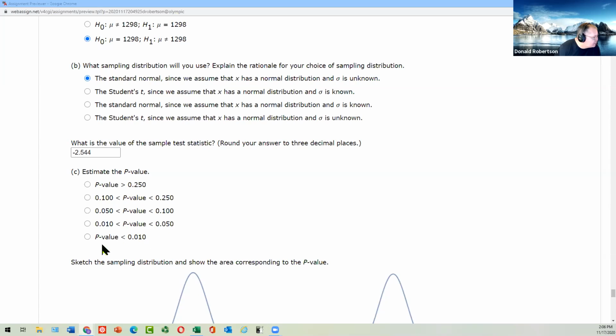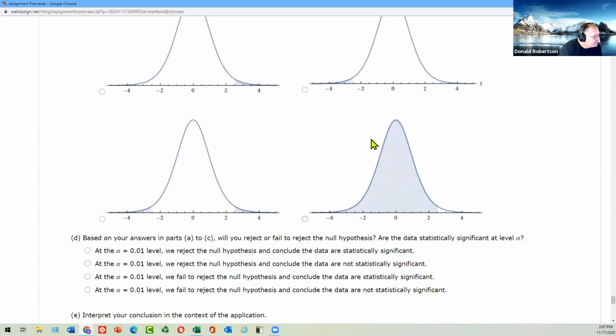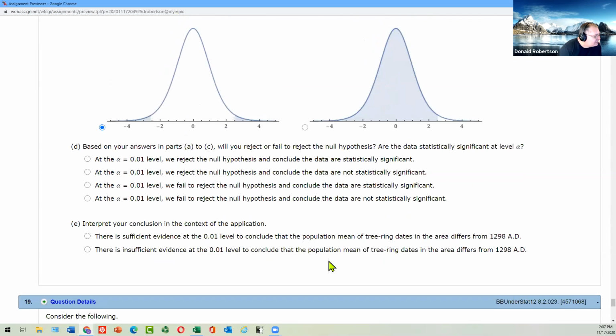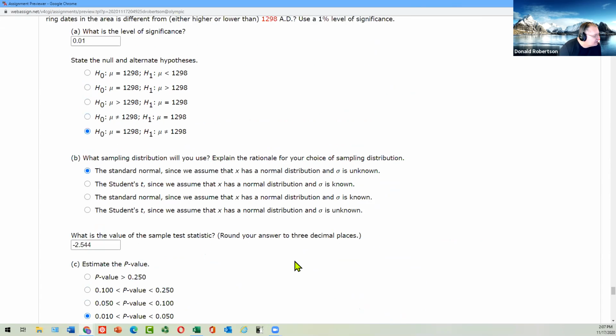And since it's a two-tailed, you pick that one. Is this significant? Let's check it.